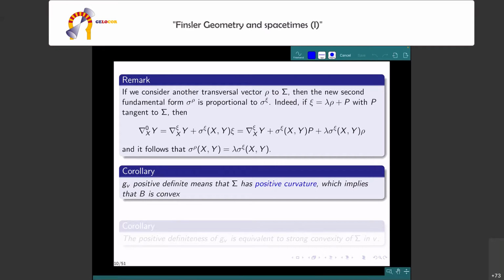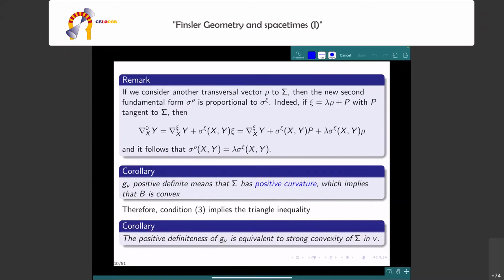So what we deduce is that sigma, the indicatrix, has positive curvature, because its Euclidean second fundamental form is definite. The conclusion is that the unit ball is convex, and if the unit ball is convex, we recover the triangle inequality.